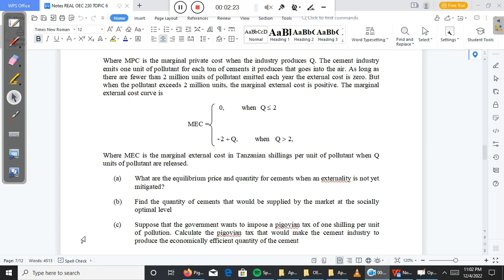In part B, to find the quantity of cement that will be supplied by the market at the social optimal level. And part C, suppose that the government wants to impose a Pigovian tax of 1 shilling per unit of pollution. We are required to calculate the Pigovian tax that would make the cement industry produce the economically efficient quantity of cement.